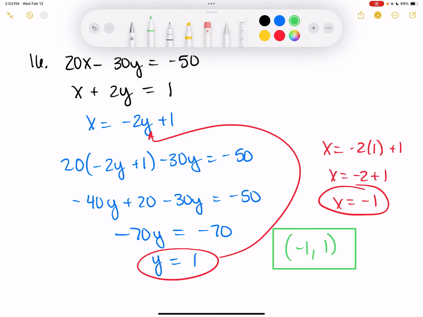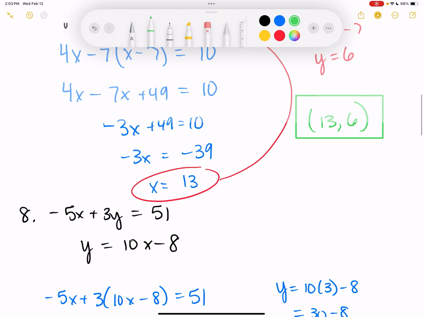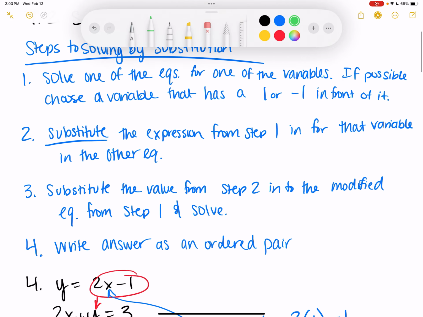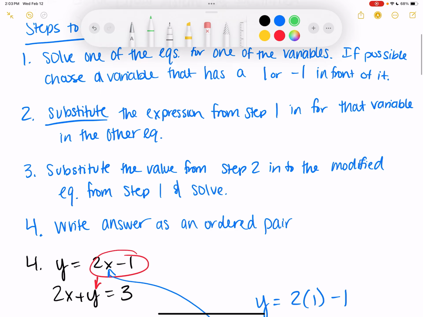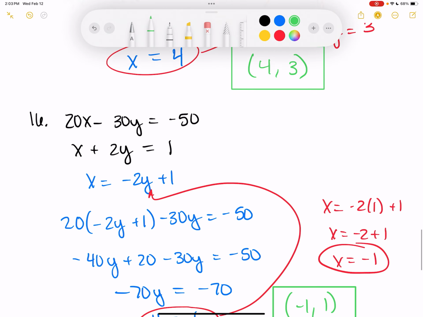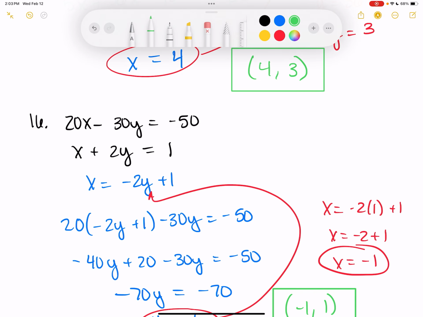Why didn't we get y by itself? Because x had a 1 in front of it. And the steps that I gave you said, solve one of the equations for one of the variables. If possible, choose a variable that has a 1 or a negative 1 in front of it. The only one that has that is x. And I literally said when I started the problem, use x.